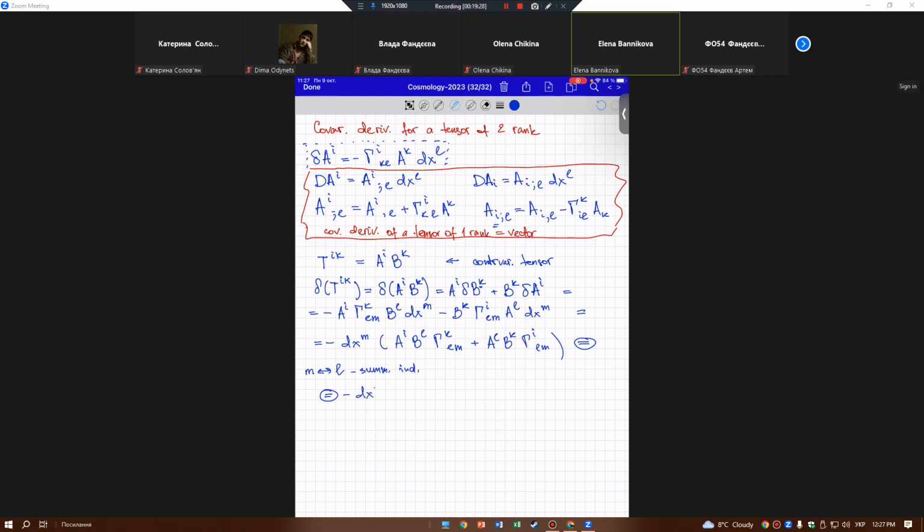So in this case, I write dx^l. Now, instead of A multiplied by B, I will write T: T^im gamma^k_ml plus T^mk gamma^i_ml.